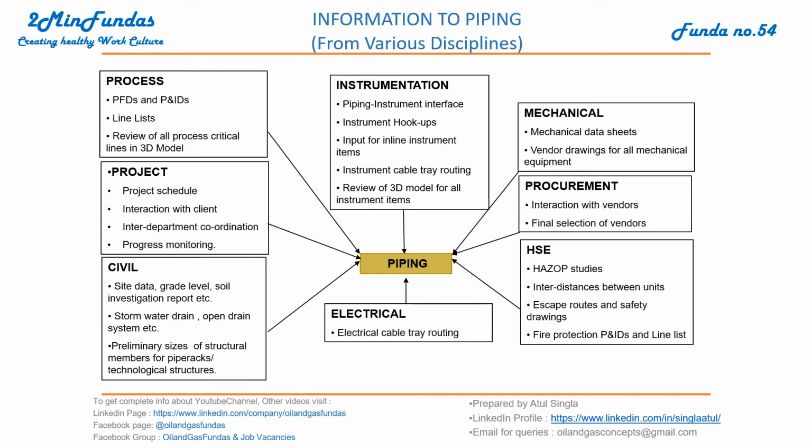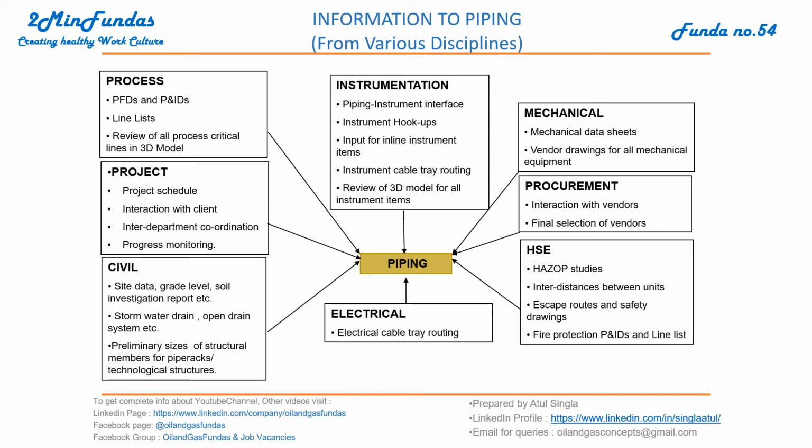Procurement is interacting with vendors and they select the vendors, and this information is shared by the procurement team with the piping discipline. Okay, from HSE they perform HAZOP studies, interdistances between units, escape routes and safety drawings, fire protection, penalties and line lists. So HSE is performing these activities, and based on their study outputs, they share the information with the piping team.